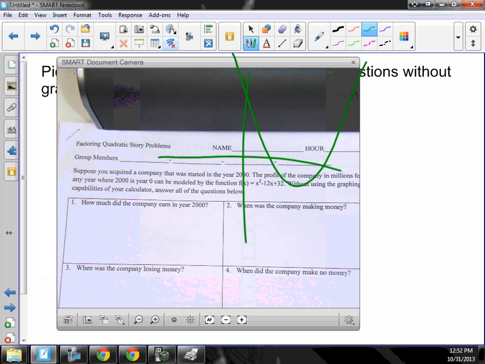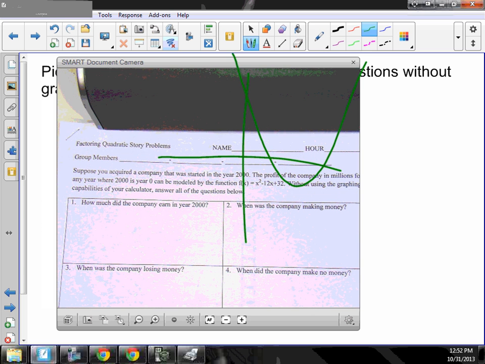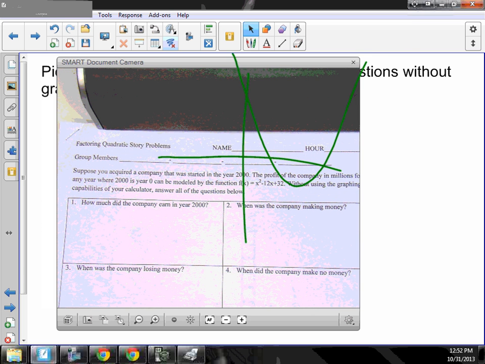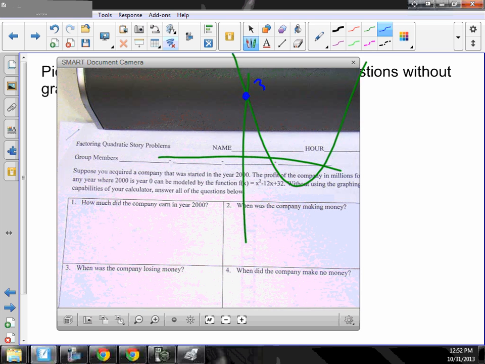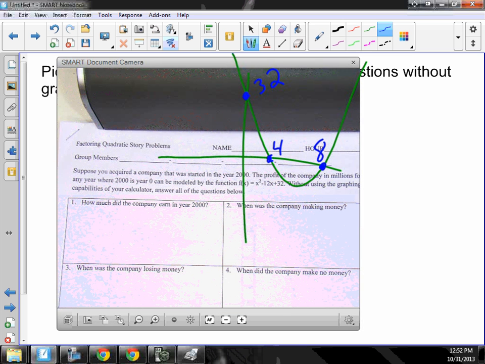So, number 9 says, when will the company be worth 21 million? I know a couple things about the graph. First off, this is a 32. This is a 4. And this is an 8. So, when it says, when will the company be worth 21 million, what am I looking for? Where is what going to hit 21?